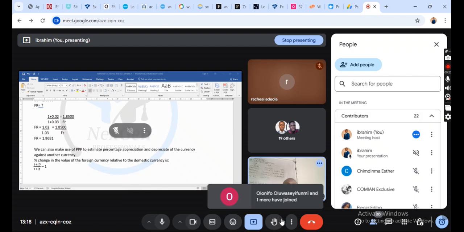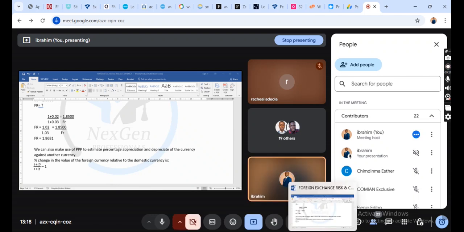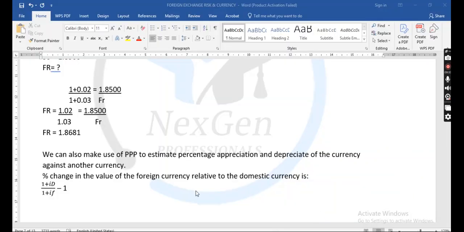So if you want to calculate the percentage depreciation of that particular spot rate, this is the formula, class. Depreciation percentage.